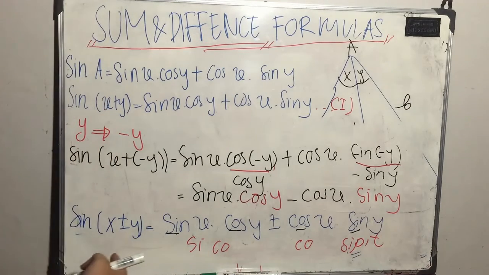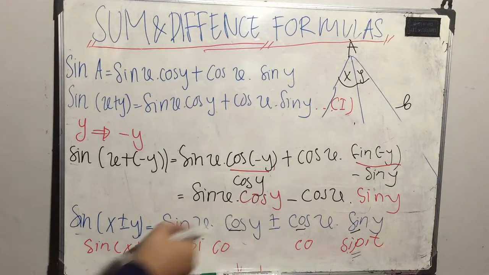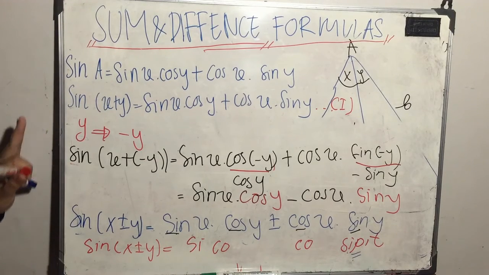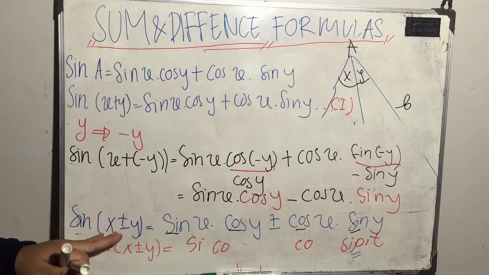So the nickname for sinus X plus minus Y is cipit. So that's the explanation about the sum and the difference for sinus.